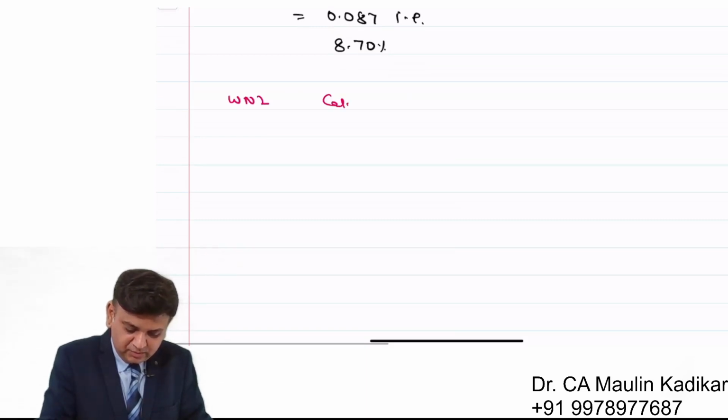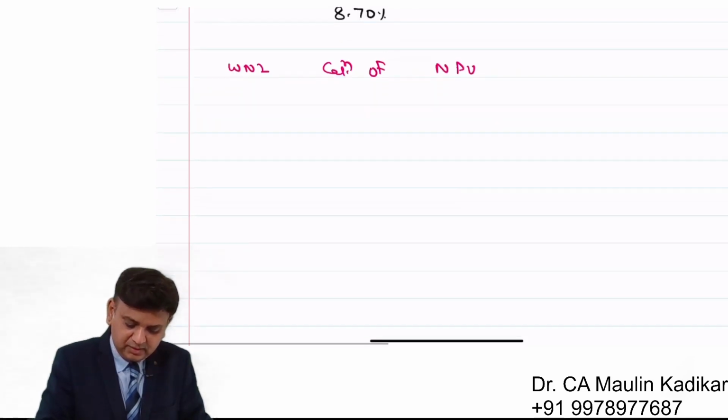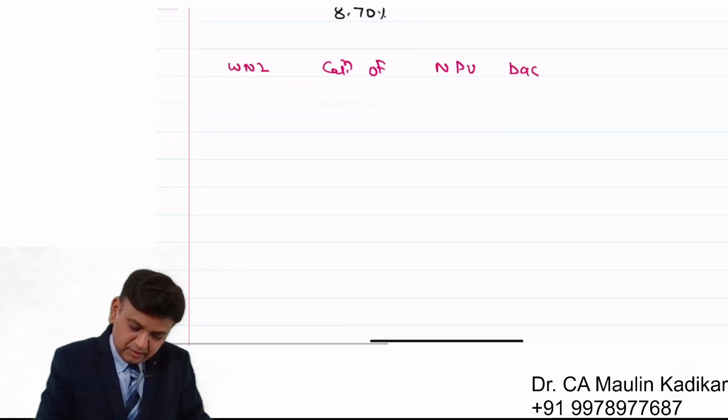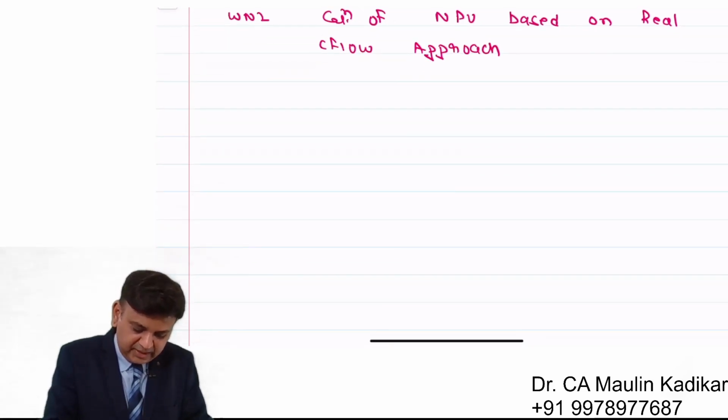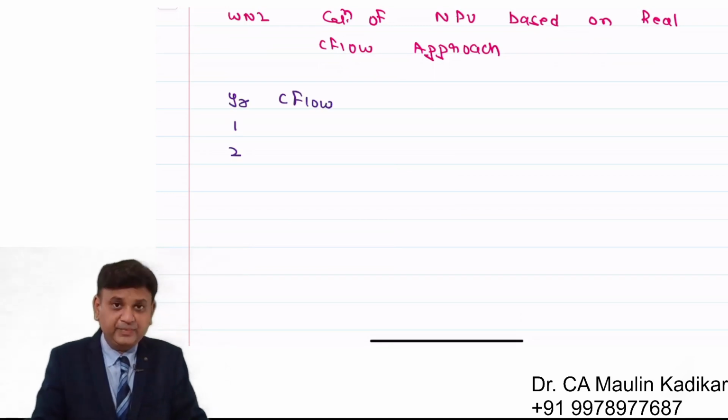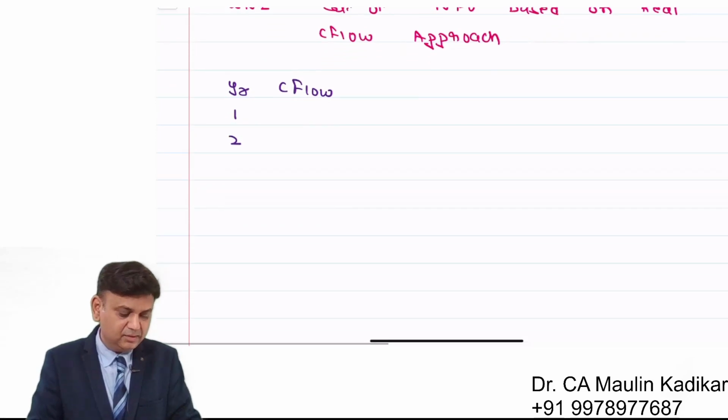Working note number 2, calculation of NPV based on real cash flow approach. In that, end of year 1, end of year 2, cash flow information is given.